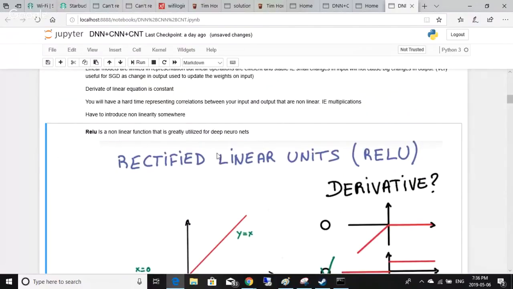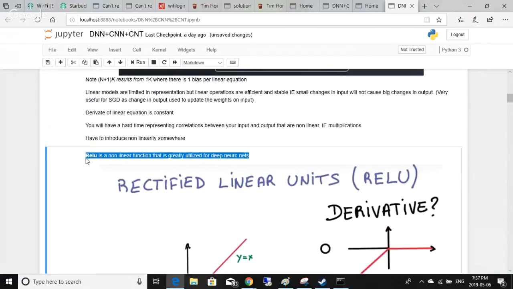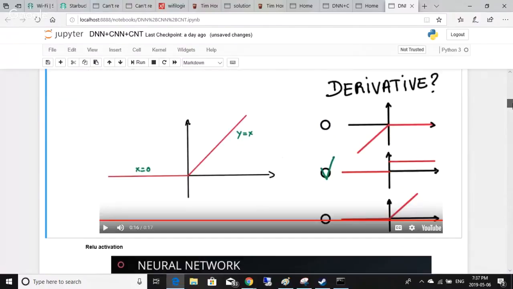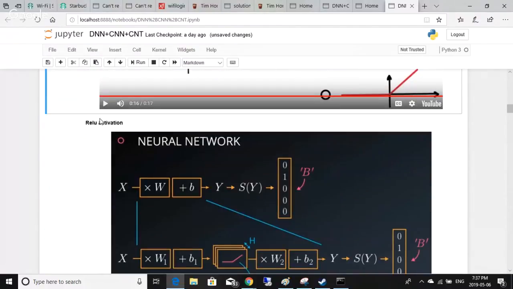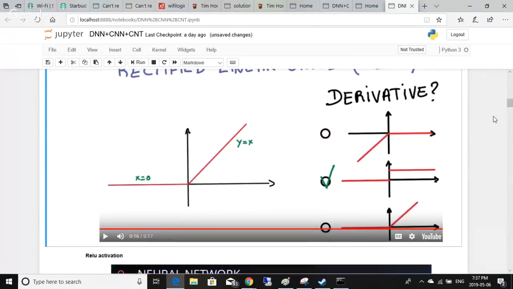You can use sigmoid or 10 other nonlinear functions, but there is a vanishing gradient issue, which means your gradient doesn't propagate all the way back up to your deep layers.